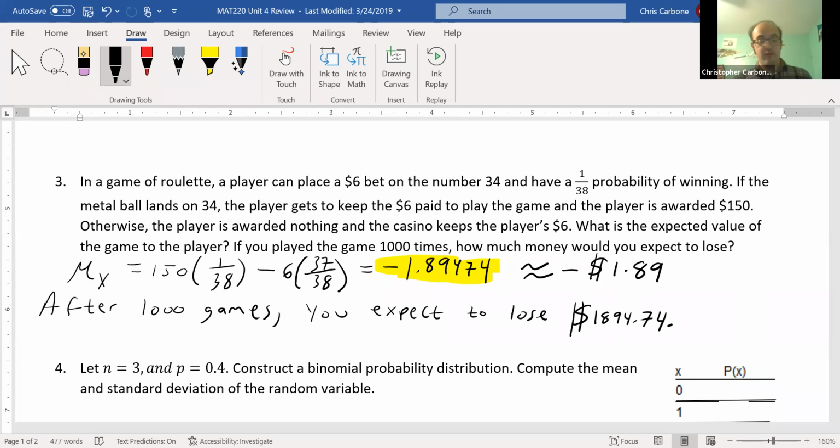After playing that game 1,000 times, you would expect to lose $1,894.74, which is not a good amount to be losing.